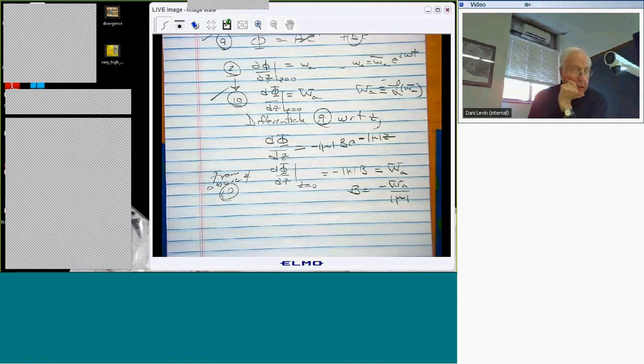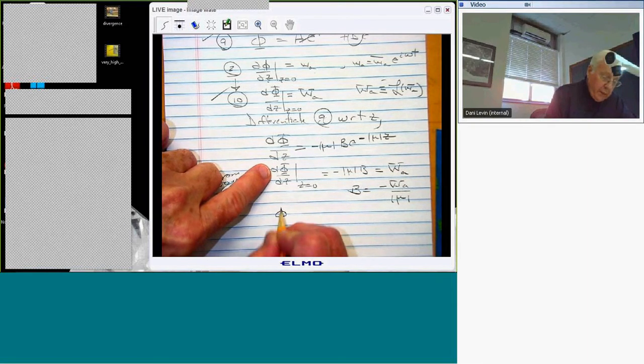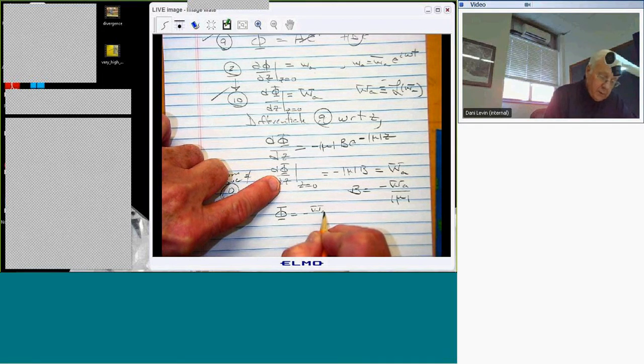So now I know, what do I know? I know phi is equal to B, which is this, exponential to the minus mu z.